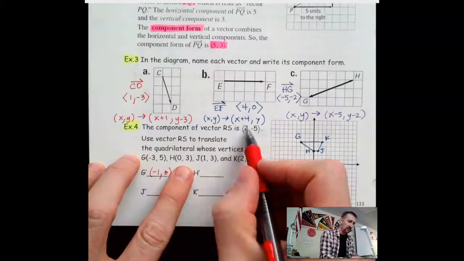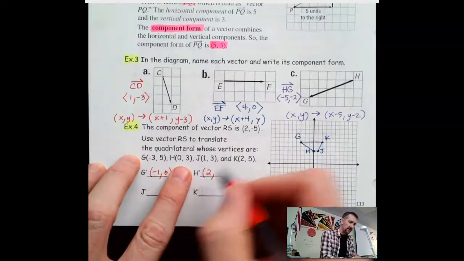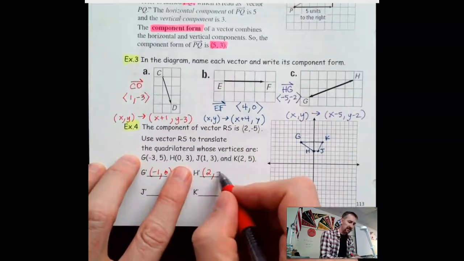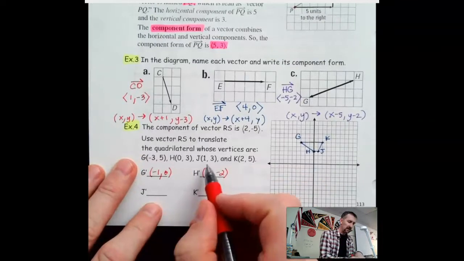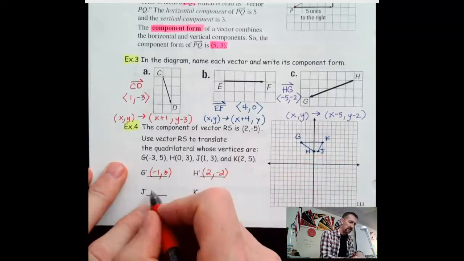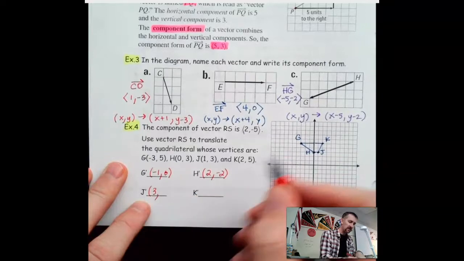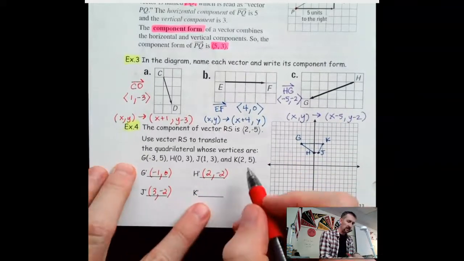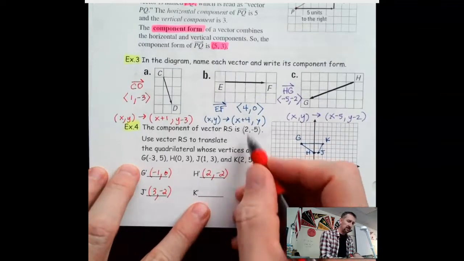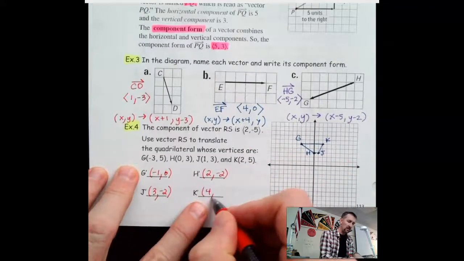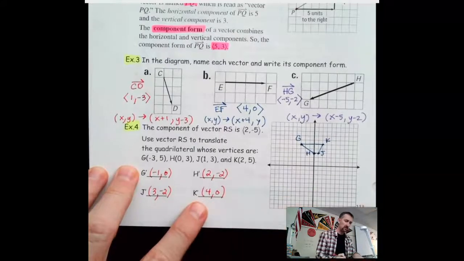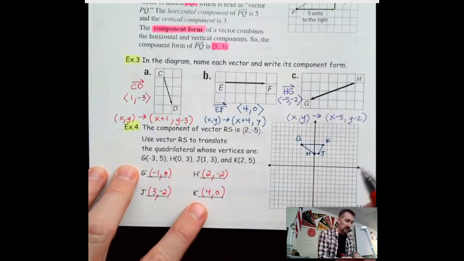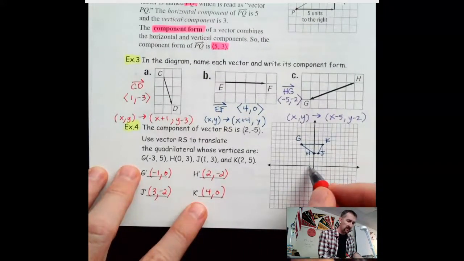Okay, H, 2 plus 0 is 2, 3 minus 5 is negative 2. J, 1 plus 2 is 3, 3 minus 5 is negative 2. K, so here, 2 plus 2 is 4, and 0.